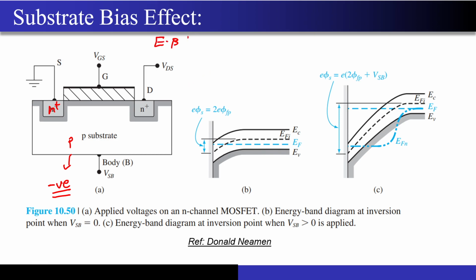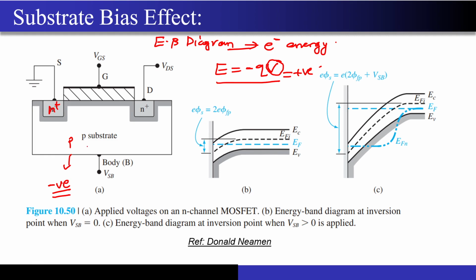The energy band diagrams that you draw are always drawn with respect to the energy of the electron, and energy of the electron is equal to minus q times v. Now if you apply a negative bias, then this minus q into minus v will become positive.